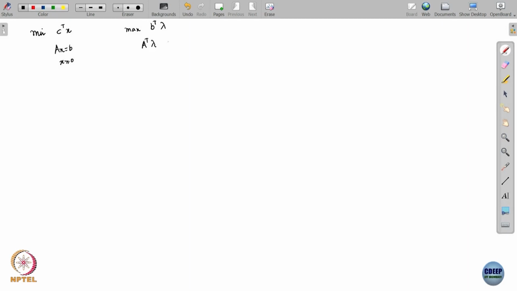Now, the usual dual is A transpose lambda less than or equal to c, but instead of writing it this way, I will insert a slack variable. So, I will write this as A transpose lambda plus s equals c and put s greater than or equal to 0.